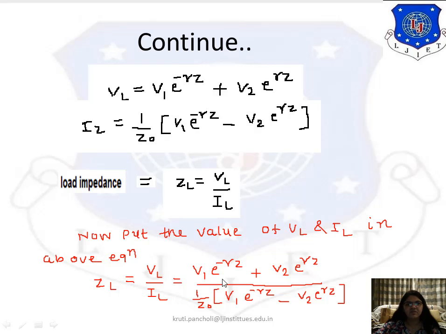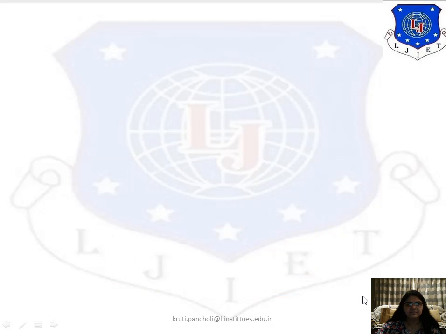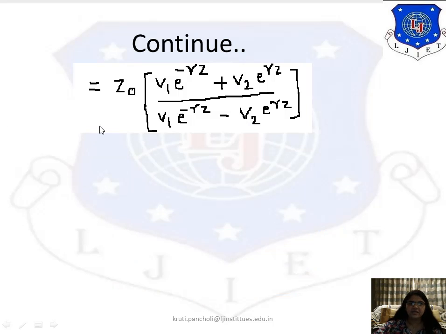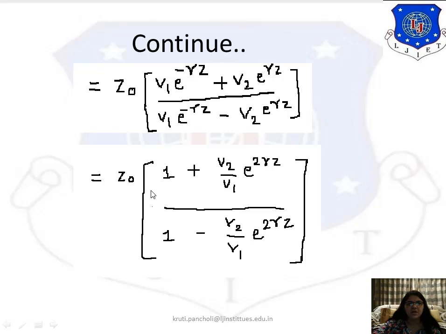VL is V1 e raised to minus gamma Z plus V2 e raised to gamma Z, and IL is equal to 1 upon Z0 times V1 e raised to minus gamma Z minus V2 e raised to gamma Z. Taking Z0 out, it is V1 e raised to minus gamma Z plus V2 e raised to gamma Z, upon V1 e raised to minus gamma Z minus V2 e raised to gamma Z.